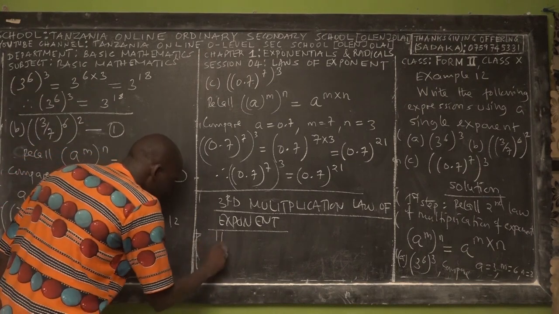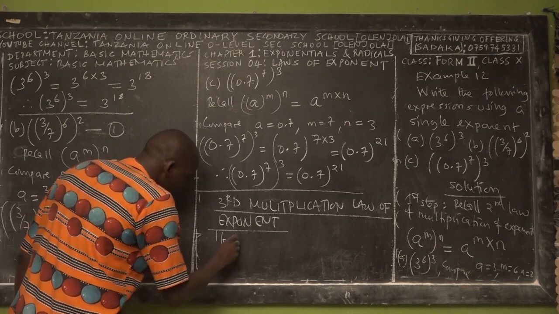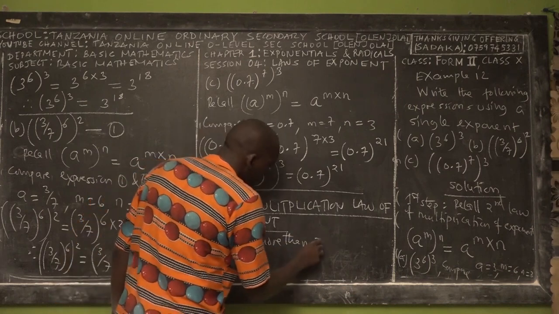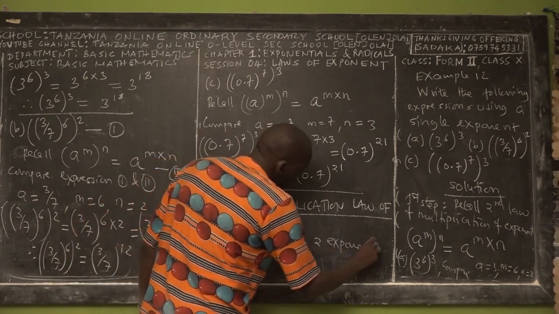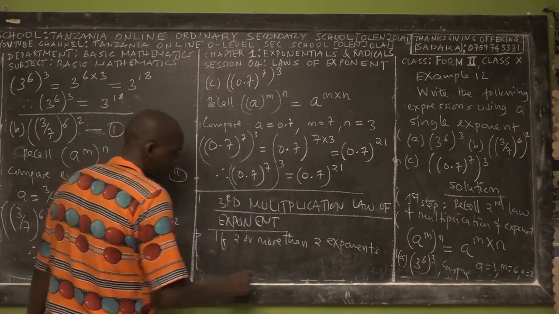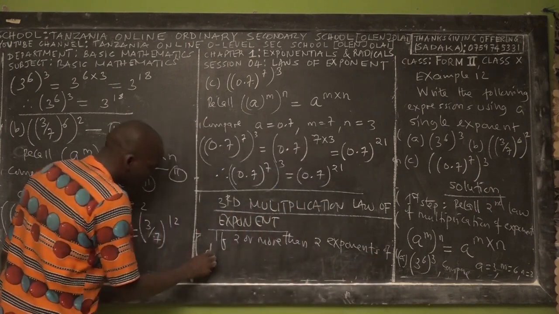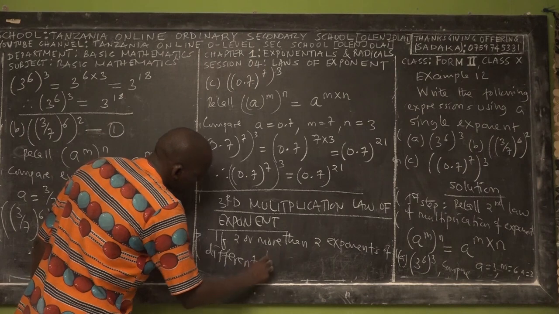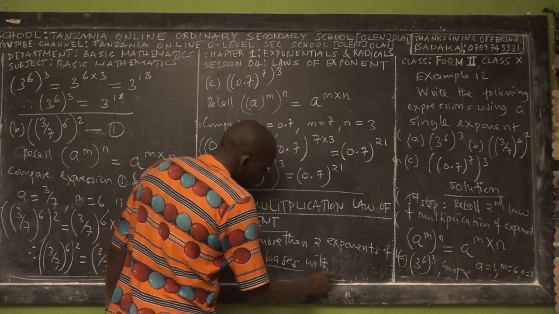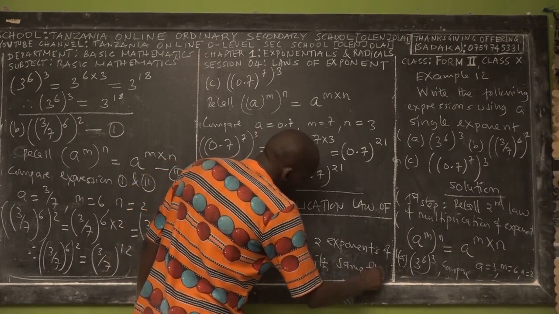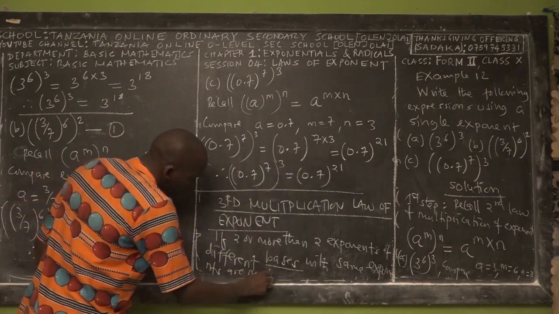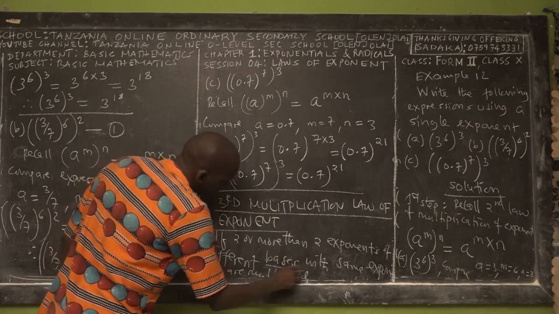If two or more exponents of different bases with the same exponents are multiplied together.